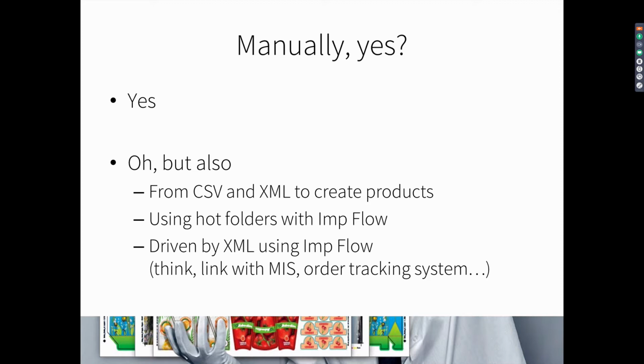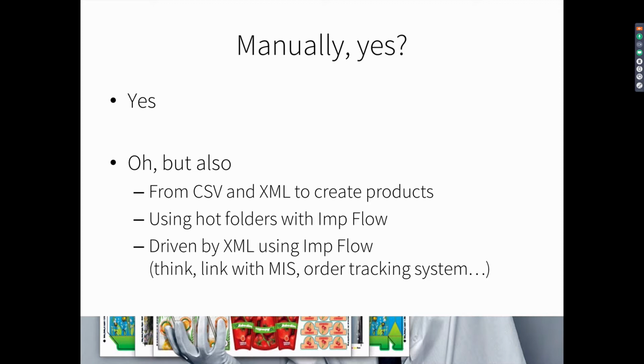By simply dropping PDF documents or again CSV or XML in a folder of Imp Flow, all the calculations will be handled automatically, and output of the final imposed sheet will be handled automatically.